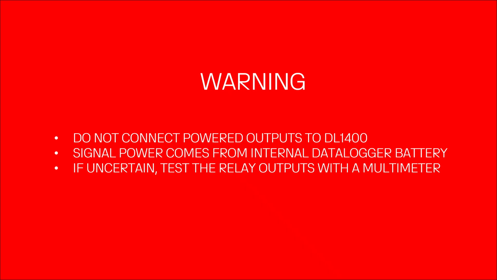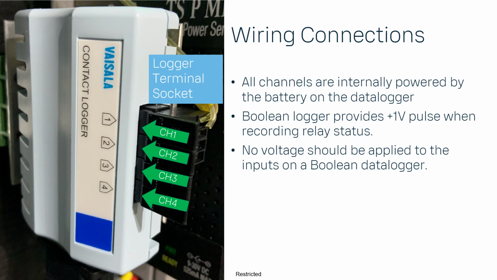If you're detecting any voltage coming from it at all, it's a no-go. Do not attempt to connect it, because it's going to mess with the data logger, especially since we're sending out a very low voltage test signal, and just don't go there.